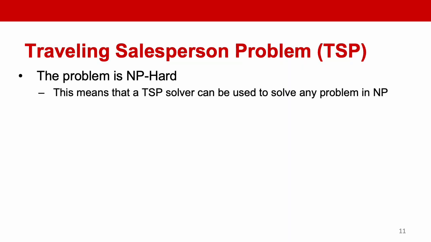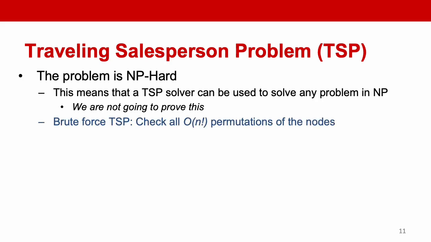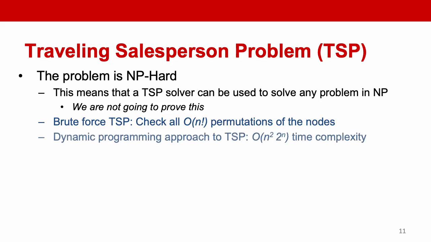Now that means that a TSP solver can be used to solve any problem in NP. We're not going to show really how to do this, but it is possible. We'll see some other kinds of reductions elsewhere in this class. As I mentioned, the brute force version of TSP is to check all O(n!) permutations of the nodes.